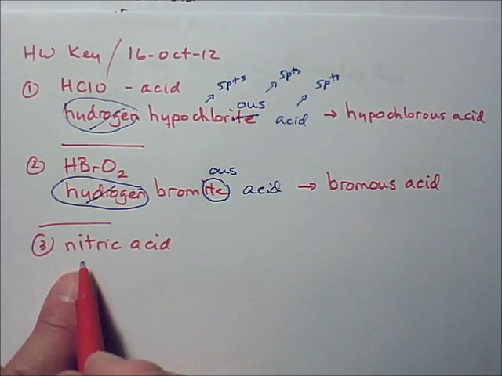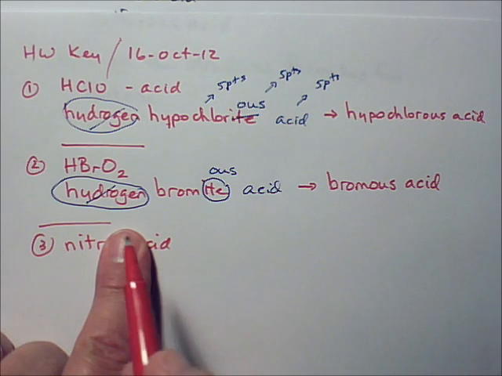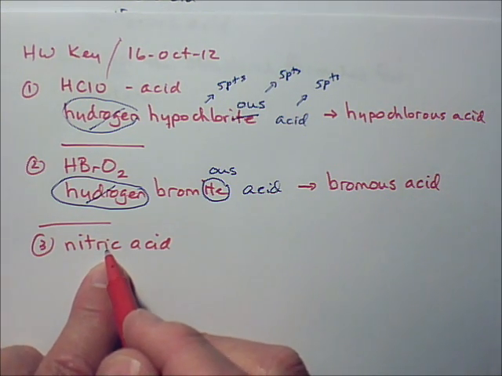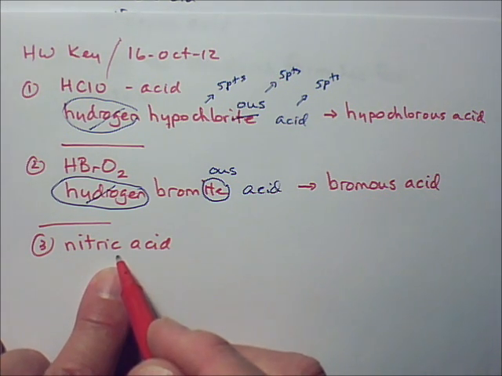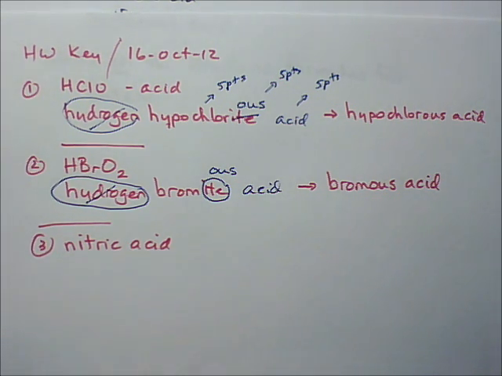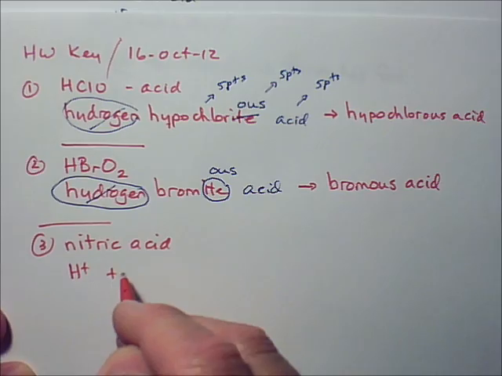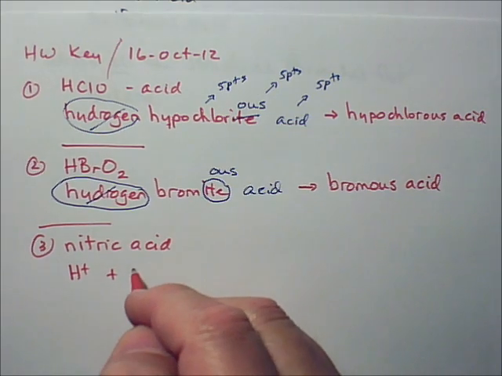So we're looking for a polyatomic ion with NITR in it, and the IC ending came from ATE. So we're looking for a nitrate ion. We're going to put hydrogen on the front to make an acid. So we have H plus, and we need a nitrate ion. Nitrate is NO3 with a 1 negative charge.